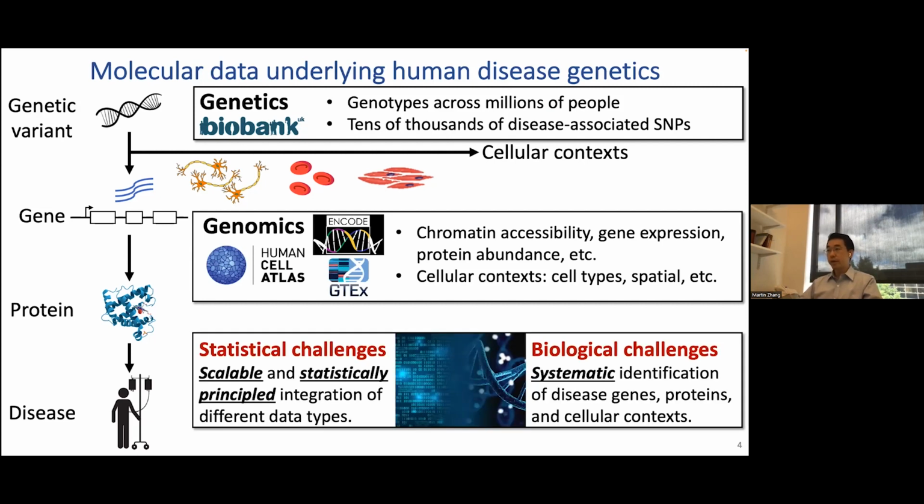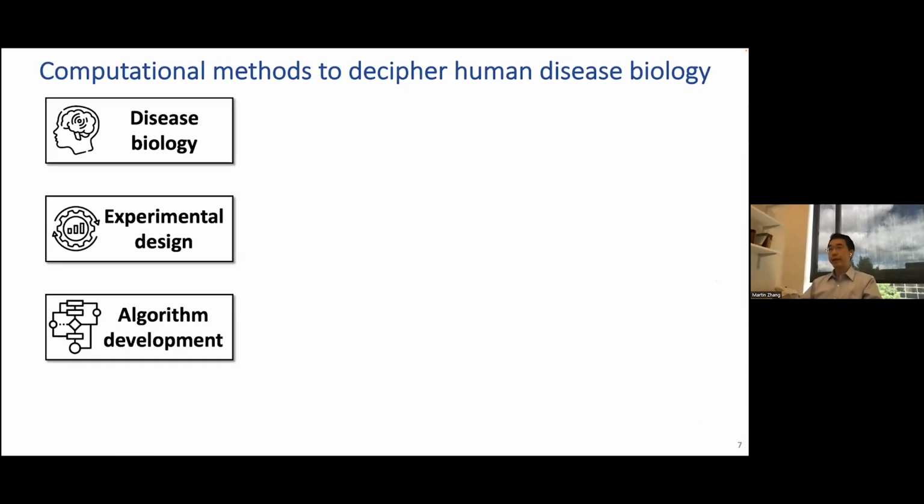So with those data, in my opinion, the challenges are twofold. First of all, the statistical challenges are how to integrate different data types in a scalable and statistically principled way. And the biological challenges are how to systematically identify these genes, proteins, and cellular contexts. So my research is around addressing those challenges.